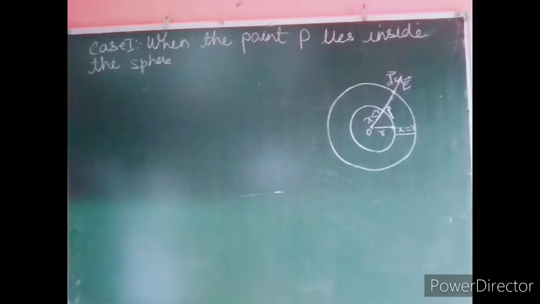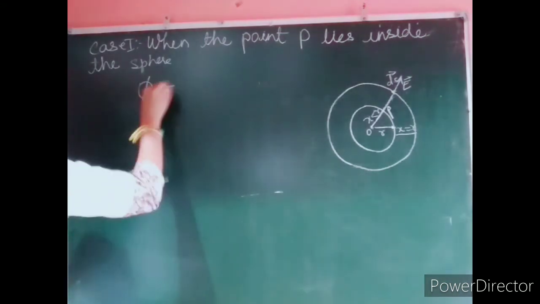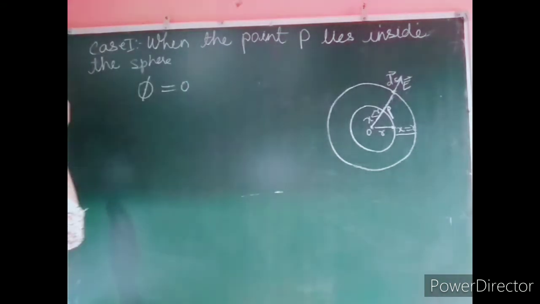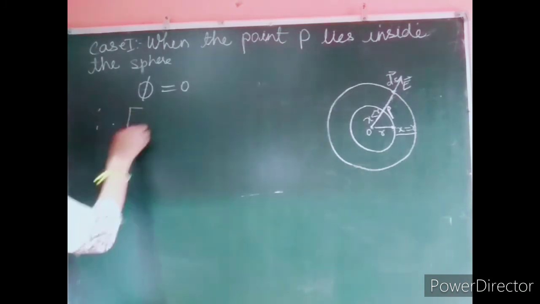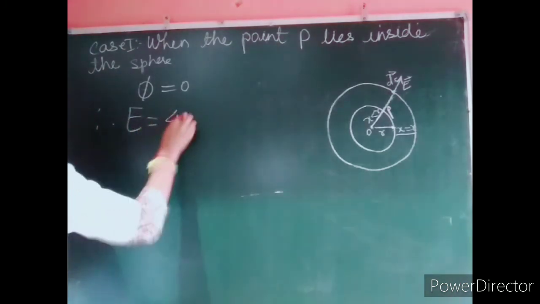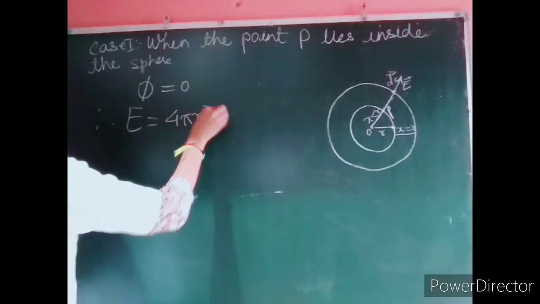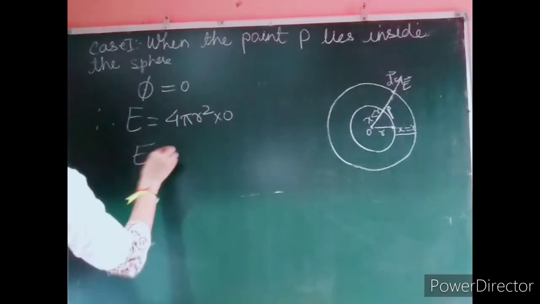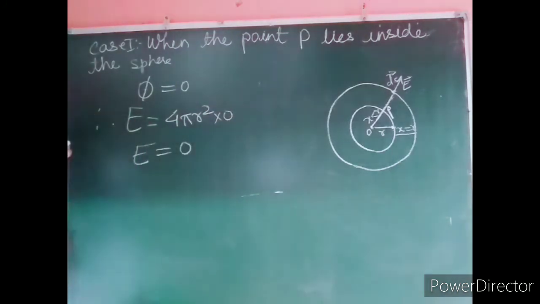Hence by Gauss theorem phi will be equal to 0. Hence E into 4 pi r square is equal to 0, so E is equal to 0. Thus the intensity of electric field at each point inside a uniformly charged conducting sphere is 0.